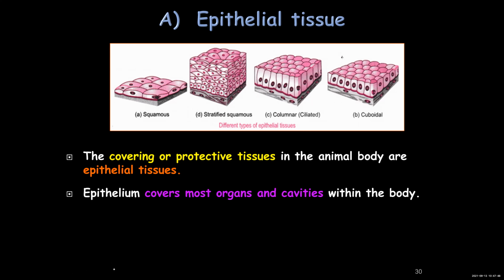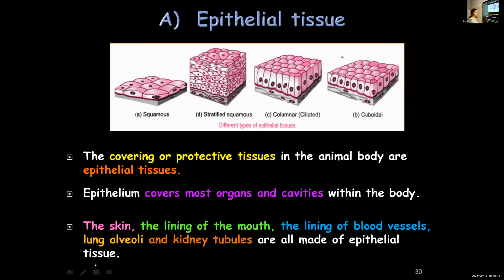Epithelium covers the organs and cavities, not only our external body surface but even our internal organs. The cavities of these internal organs are also lined by epithelial tissue. It is covering the entire body, covering the internal organs, and lining the cavities of these organs.